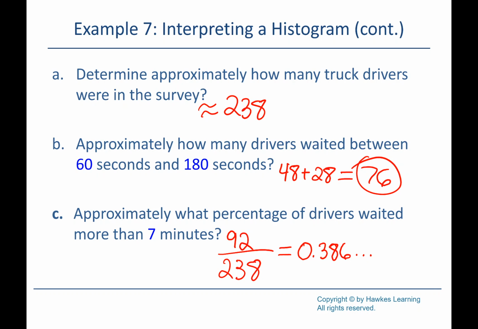And it goes on and on. So we would say, it doesn't tell us how to round, so we'll just round to the nearest percent. So about 39%. Something like that. So we just take the number we get divided by the total and change that to a percentage. Okay.